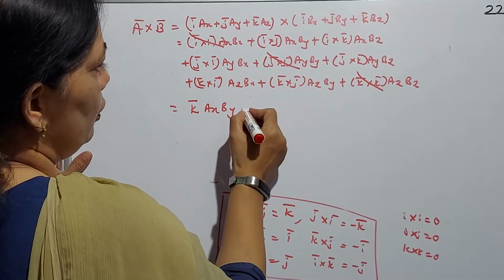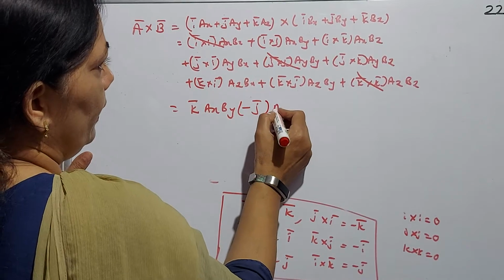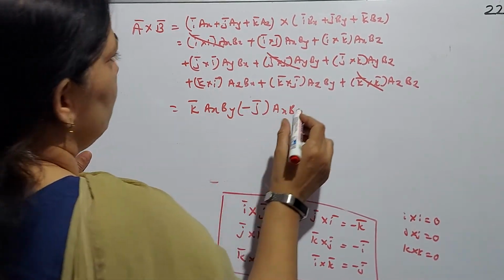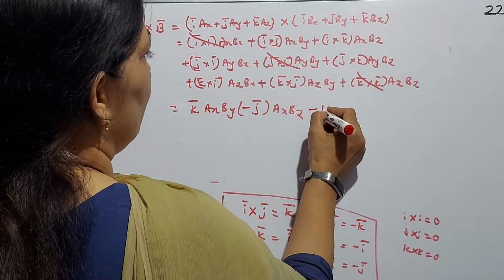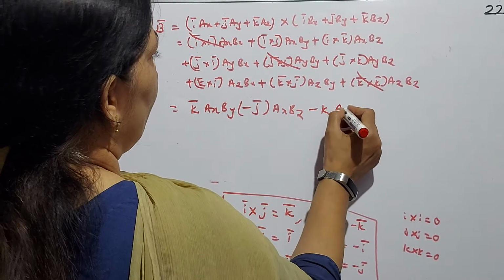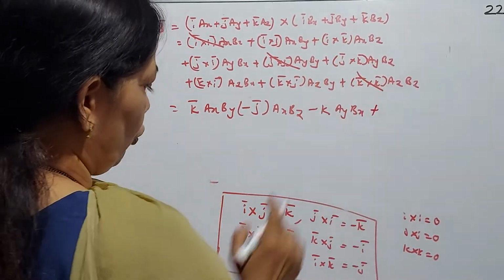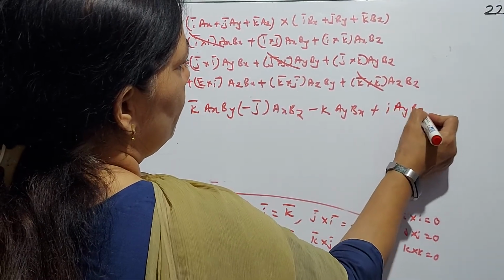It's minus J, so minus J AX BZ. This is a plus term, this is a minus term. Then what is J cross I? Minus K, so minus K AY BX. What is J cross K? It's I, so plus I AY BZ.